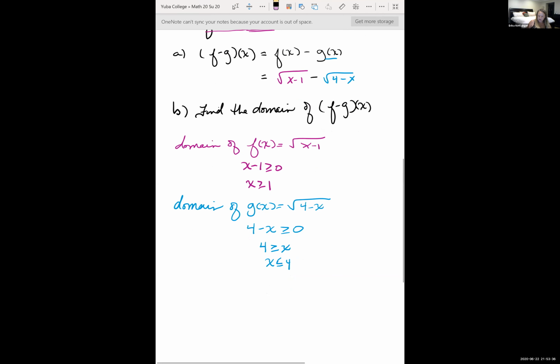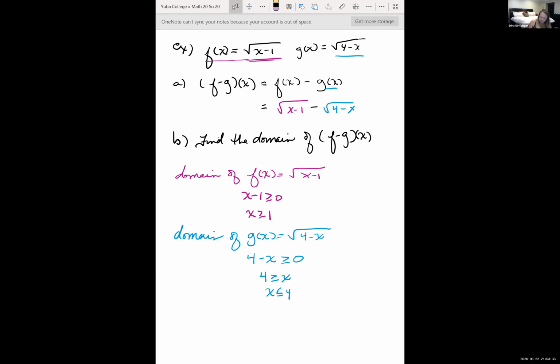So I have two things that need to happen. I have x has to be greater than or equal to 1, and x has to be less than or equal to 4. And so if you look at the number line, you can graph both sets. Last week we did it both above and below.